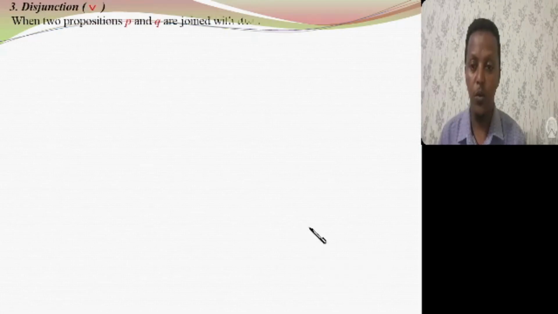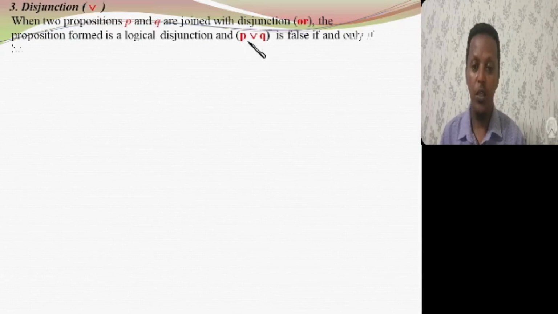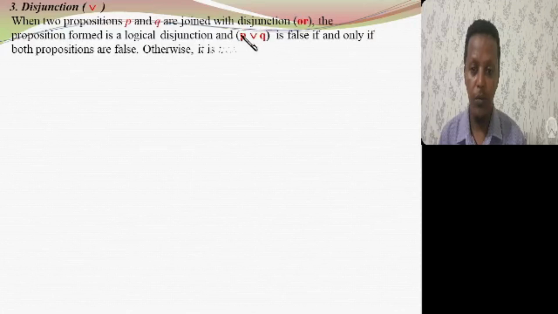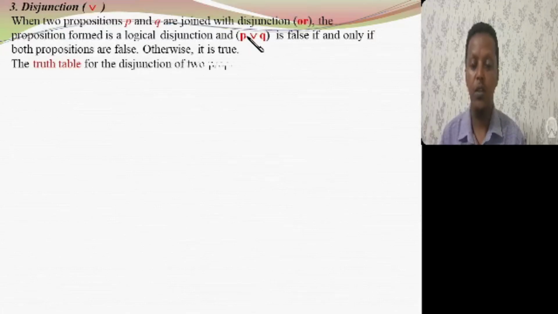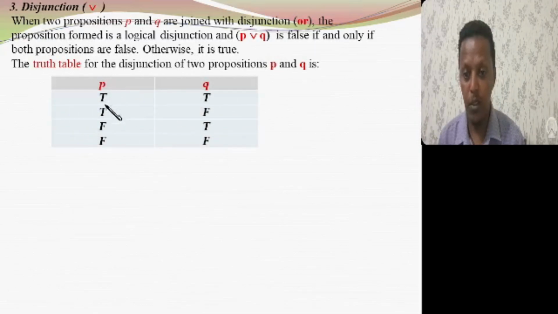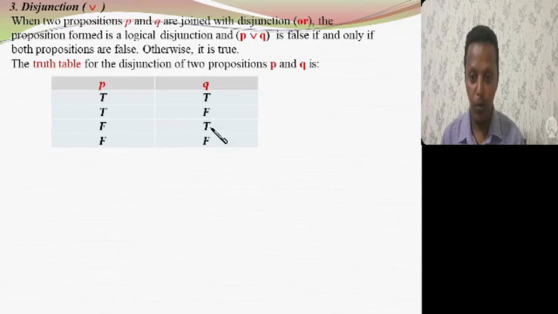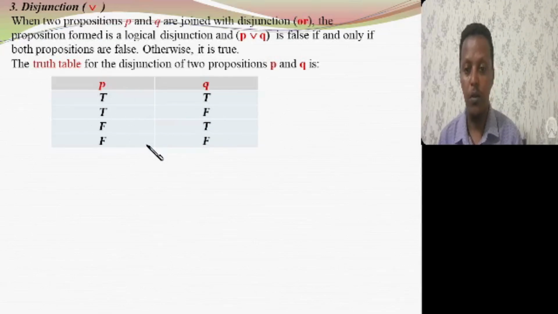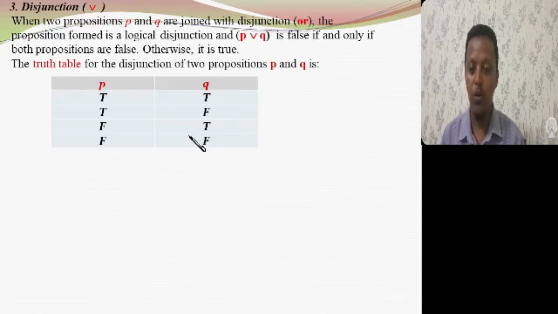Now the third, disjunction. The rule: when we combine 2 propositions based on disjunction, P or Q will be false when both are false. Otherwise it is true. So the 4 possibilities: true true, true false, false true, false false. By default we start with P in the first column, Q in the second column.